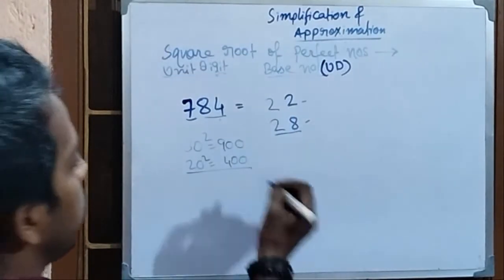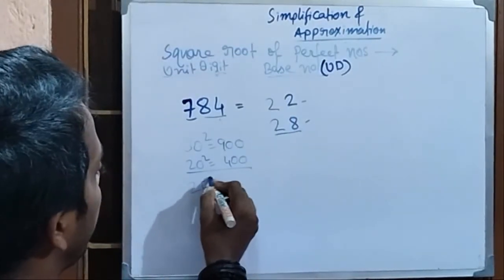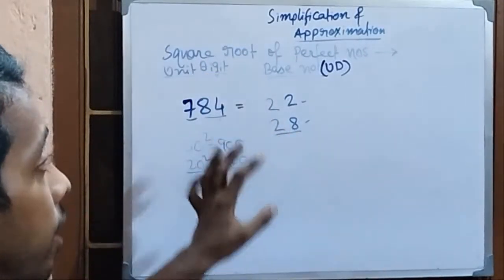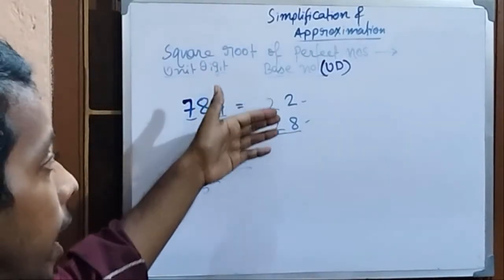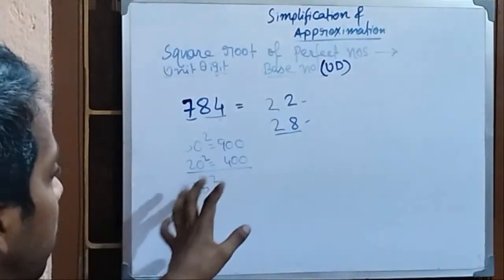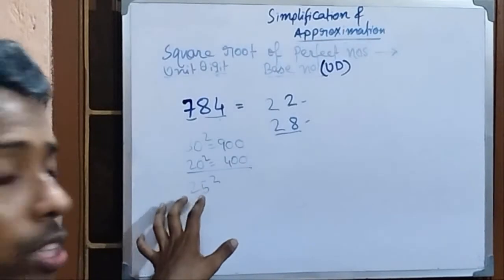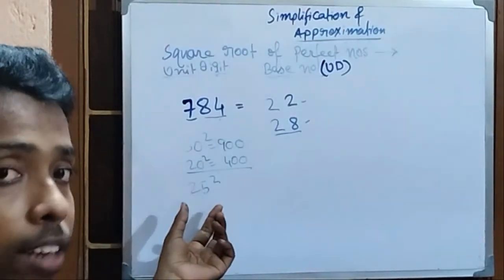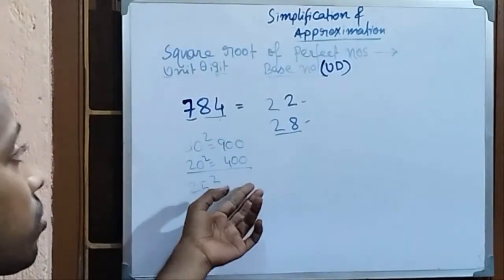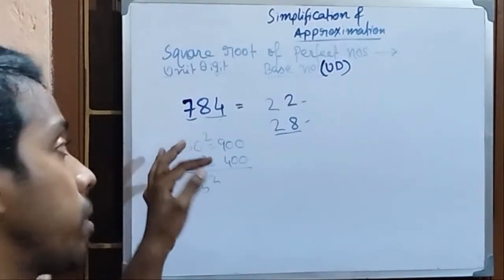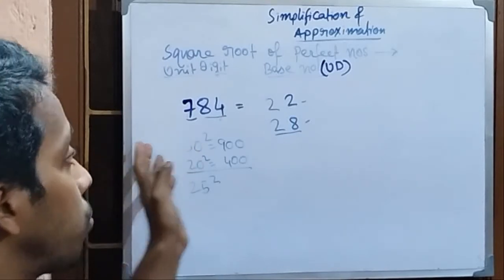One more important thing, I have already told you, 25 square. Whenever it comes as a number that you cannot recognize, and either 24 or 26 is given, you should not do anything else, rather take the mid value. If you can solve it, 25 square is 625. The given number is either less than 625 or more than 625. If it is more than 625, it goes to the higher order.